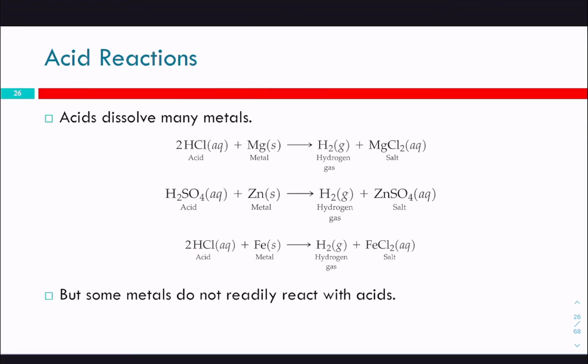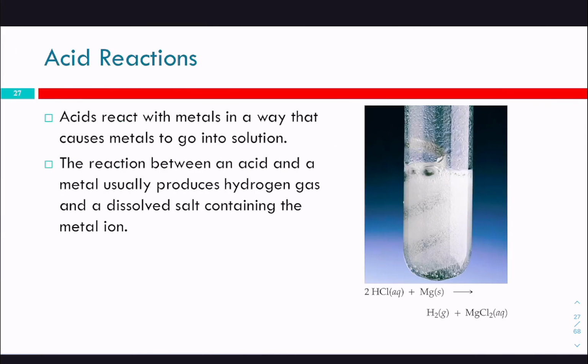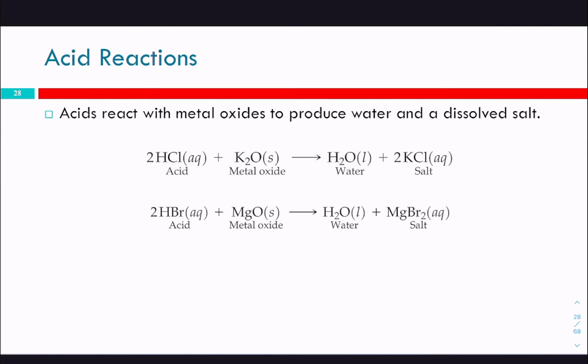Some metals don't react. If you want to know more about that, it's in chapter 16. It's called the activity series. So when you do this, if you remember that whole little zinc strip that we put in the glass tube called a eudiometer dissolved. So when metals react with acids, they dissolve into the solution and produce gas.